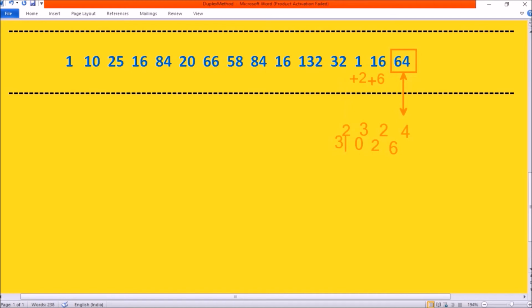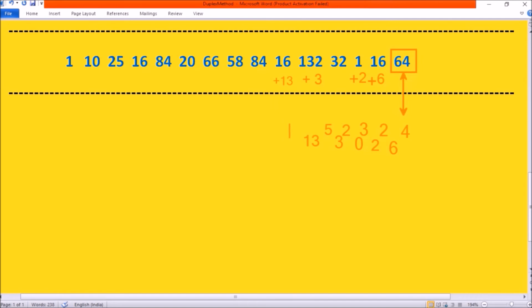And carrying the 3 forward, so 132 plus 3 gives us 135, so we would only take one digit from 135, that is 5, and carry 13 to the next duplex, which is 16.